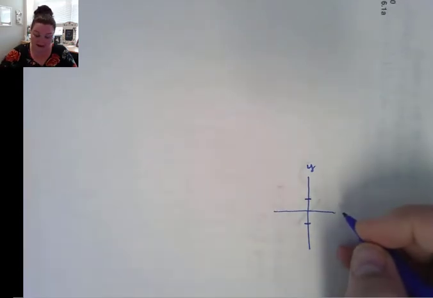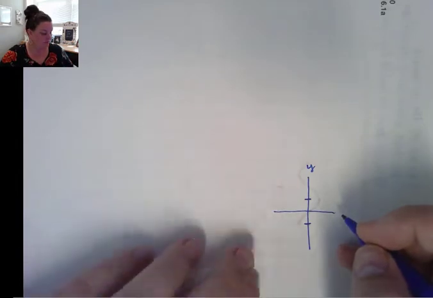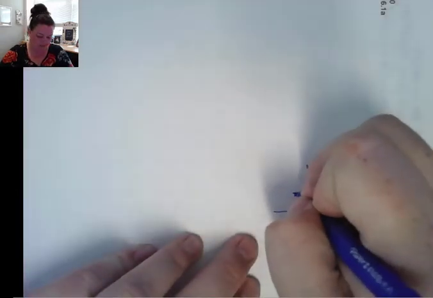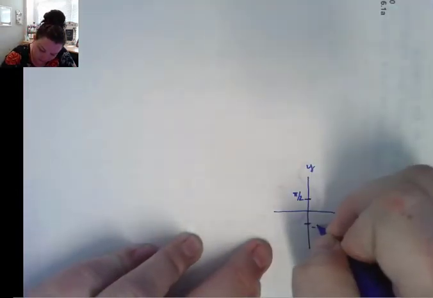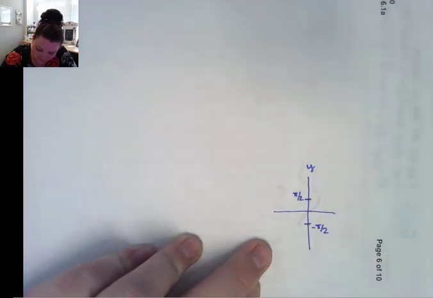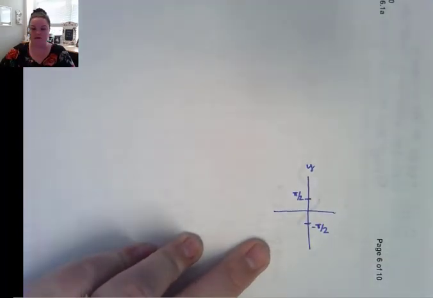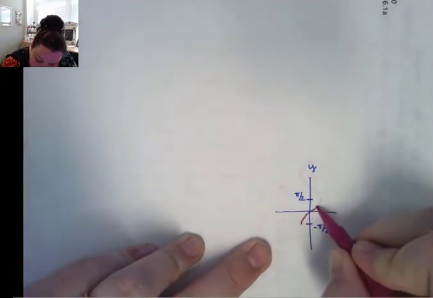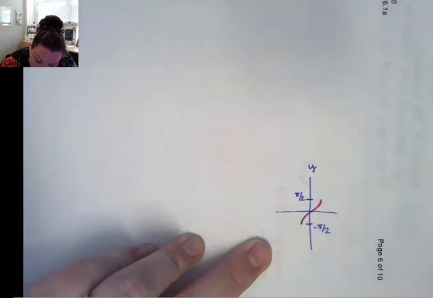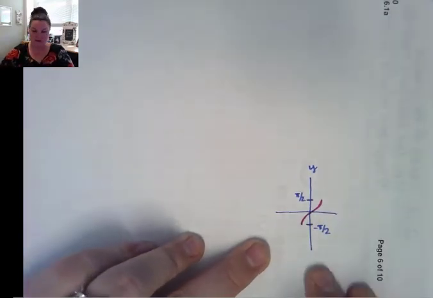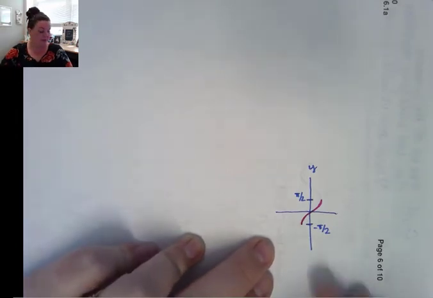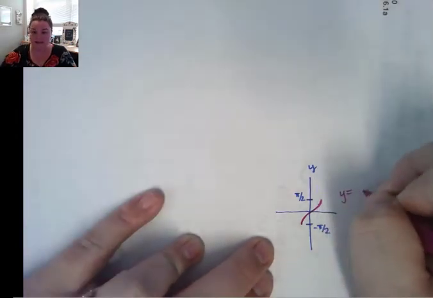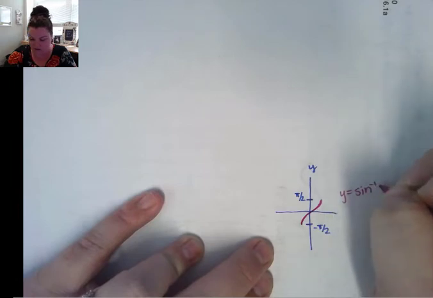So now on my y-axis, I'm going from pi/2 to -pi/2, when I invert it. So now that it's inverted, it looks like this. I can see through where I went over it, so it looks like that. Okay, so this is my arc sine, or my sine inverse function.